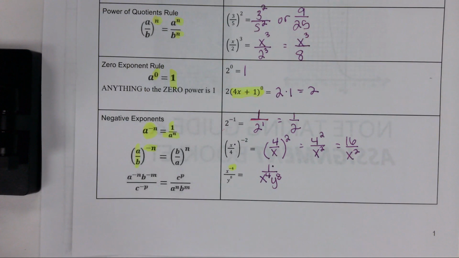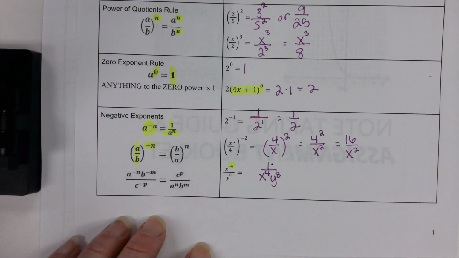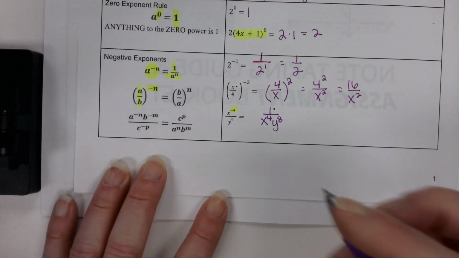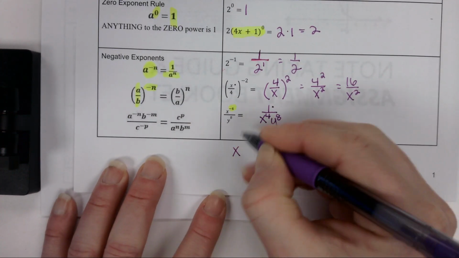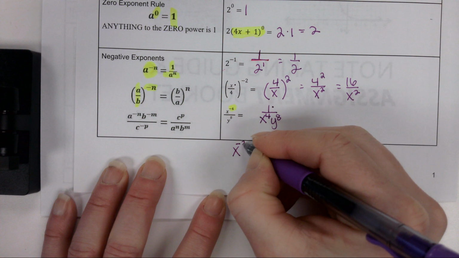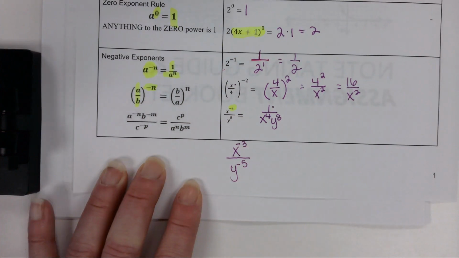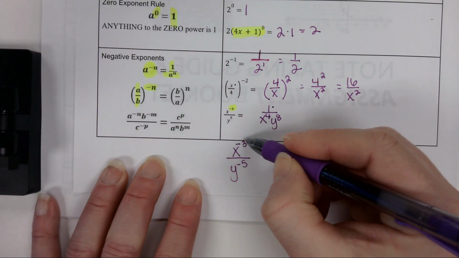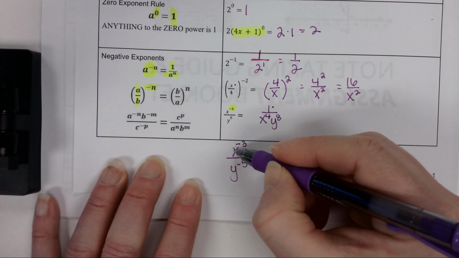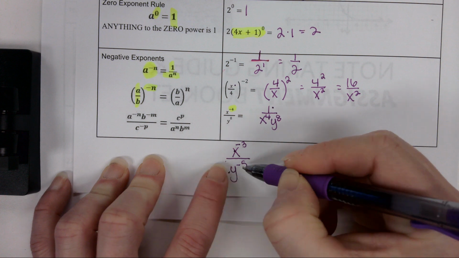Braden, do you mean if there was a negative exponent on the bottom as well? Yeah. Okay, I'll show you one like that. So you were saying, what if this was x to the negative third, and this was y to the negative fifth? This x to the negative third would move this x factor down to the bottom, and then it would move this y factor up to the top.